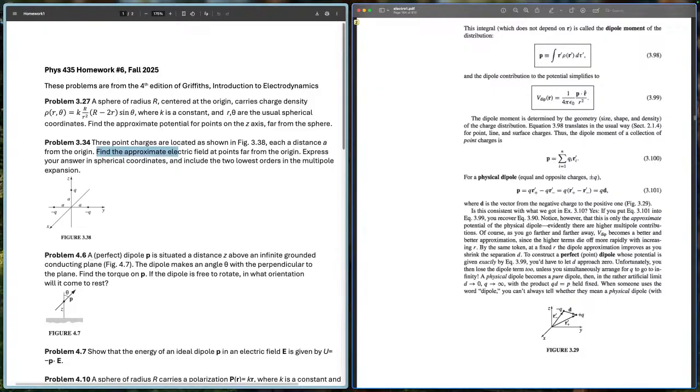Which in fact, since the two charges on the y-axis sum to 0, I'm actually only left with the moment pointing in the positive z direction.